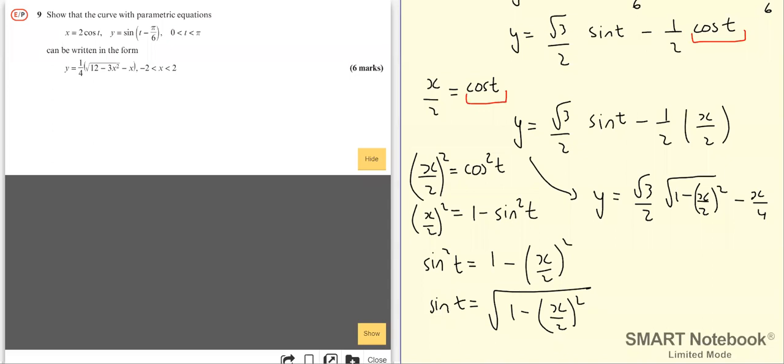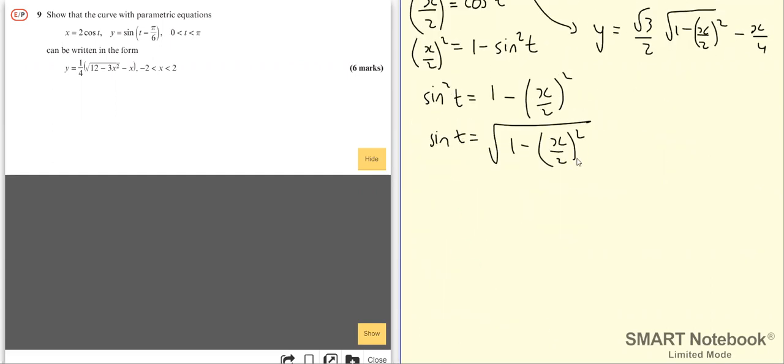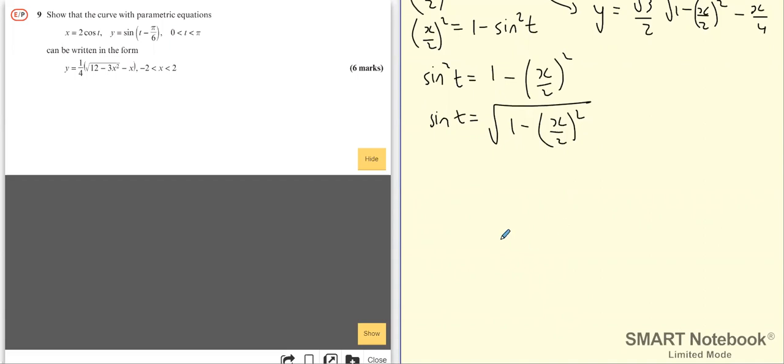Yes, can you explain that? How did you find sine differently? It should still be the same thing. Let's have a look. It's going to be very similar. So cos t equals x over 2. Here's t, this must be x, this must be 2.